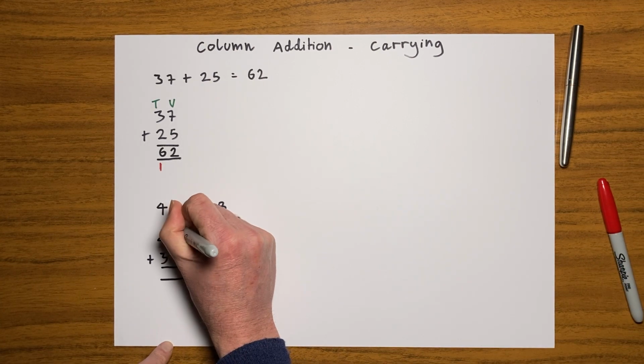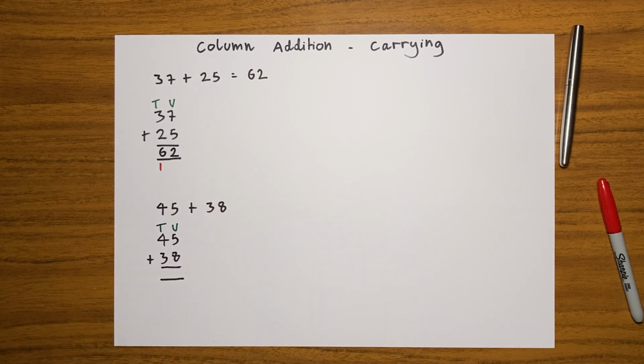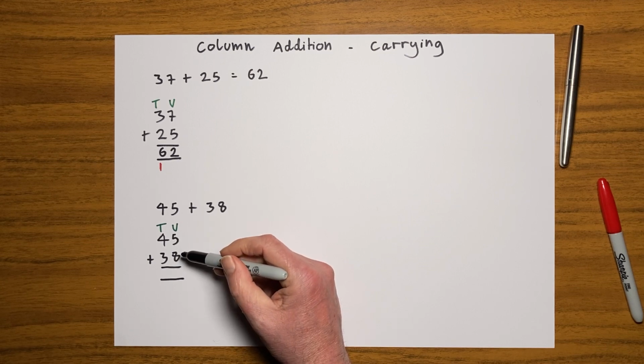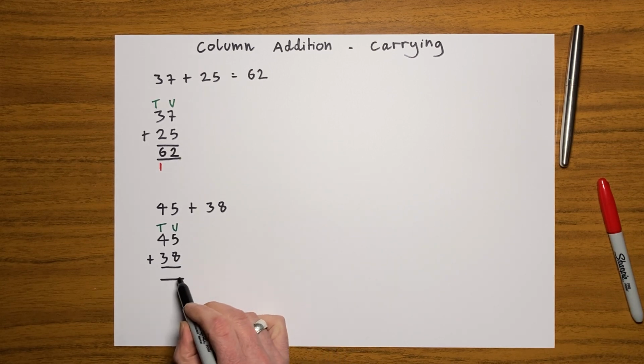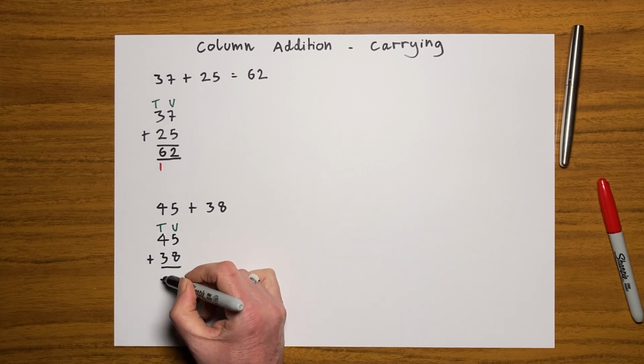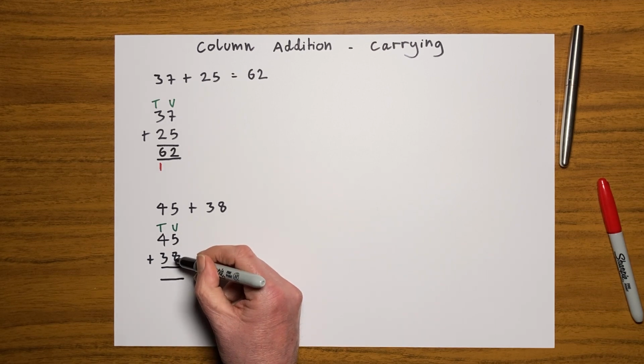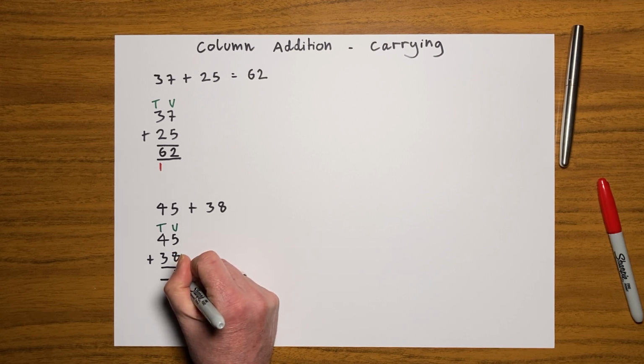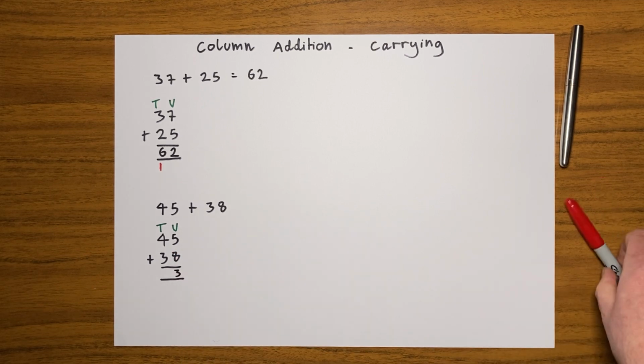I've got my units column here, my tens column. So exactly the same thing. Here I've got 5 and 8. Well, 5 add 8 is 13. I can't put 13 in here because it will block up the tens column when I come to add up. So 8 and 5 is 13. I put the 3 here and I carry the 10 over.